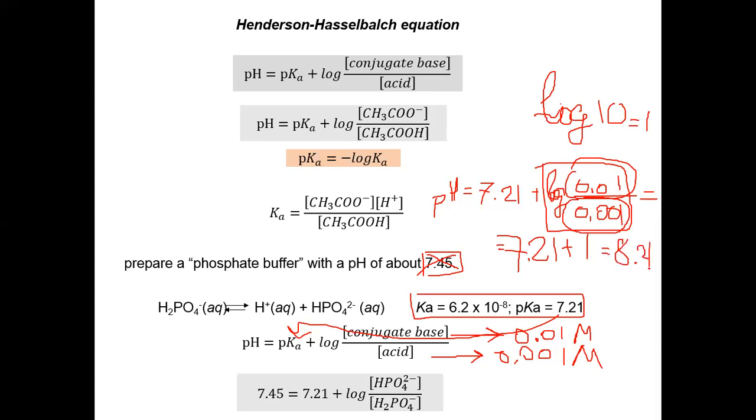Doctor, I want to ask you, must we know the logarithm, log 1, log 2, or will you give us? Okay, listen. You must know the logarithm of 10, and for example the logarithm of 100. You must know these kinds of things.